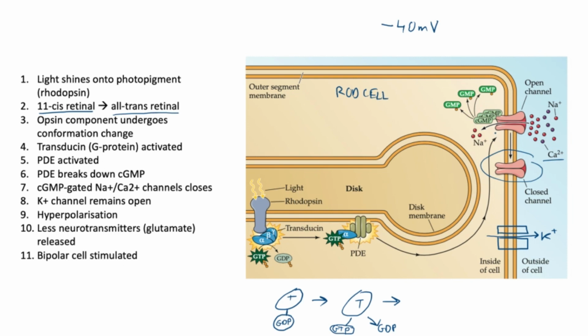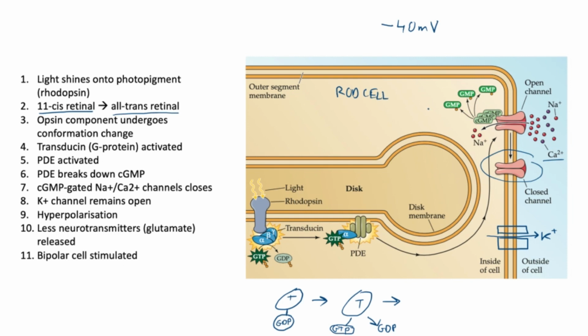Now when cGMP is broken down, the cGMP-gated sodium-calcium channels get closed. So there are fewer positive ions going into the cell and more positive ions going out of the cell.